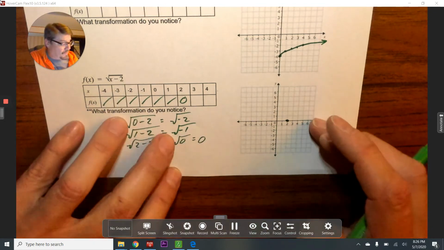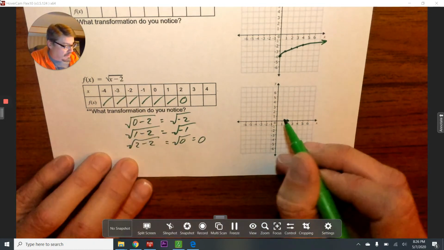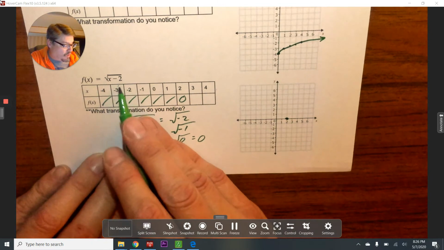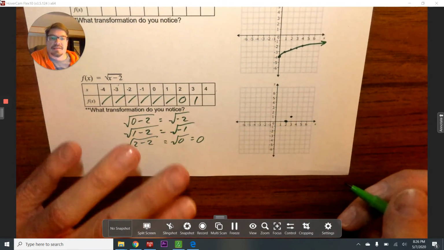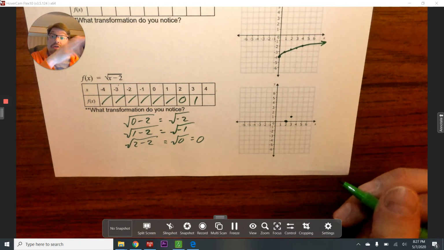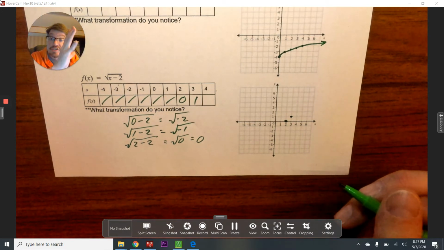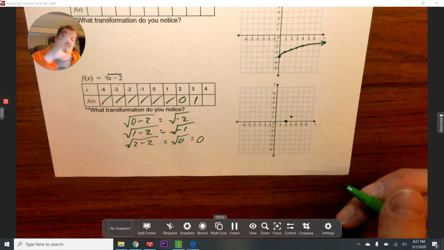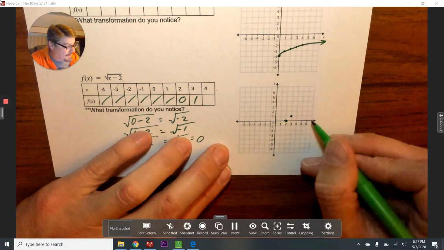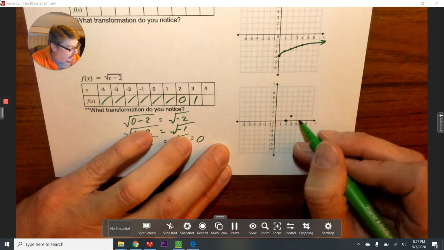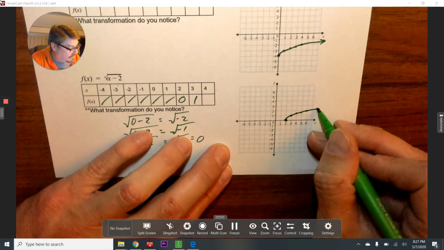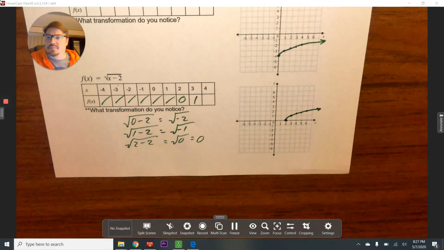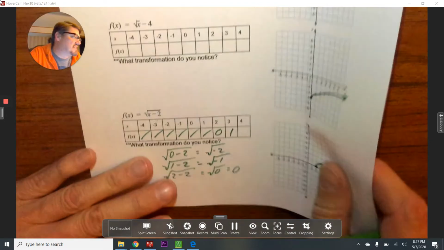So if I plugged in a 3, okay, 3 minus 2 is 1. Square root of 1 is 1. So notice that the same pattern is happening. It's just the whole hook shape is essentially rigidly staying the way that it is. It's just moving to the left. I'm sorry, right. And so we go here, and then here, here, and then finally here. Okay. So pretty basic transformation.